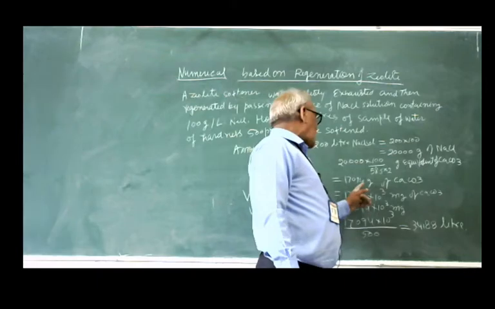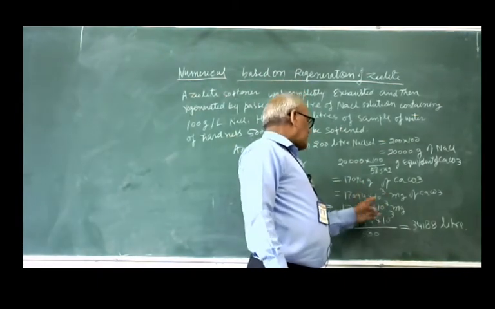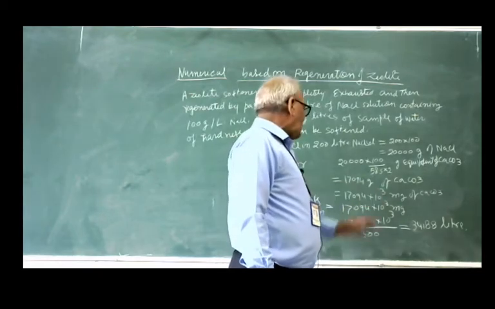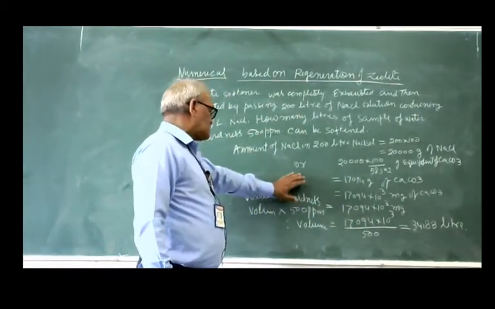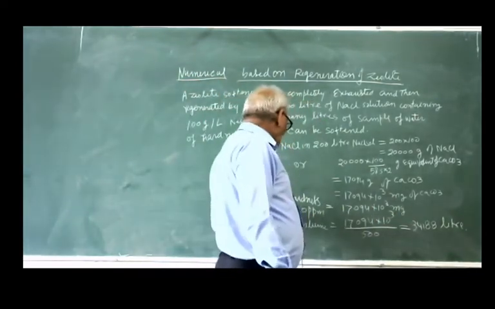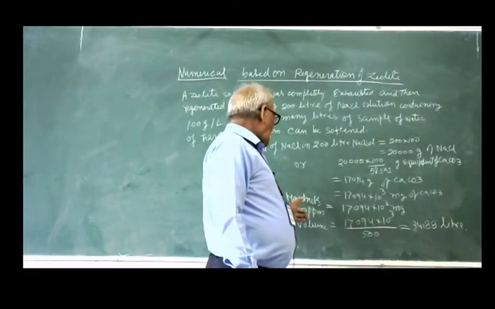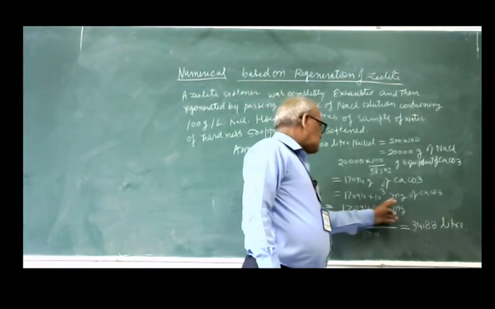So change gram into milligram, multiply by 10 power 3. In this way gram has been changed into milligram. So this is the formula: volume into hardness is equal to this much. Volume of the water and hardness of the water.